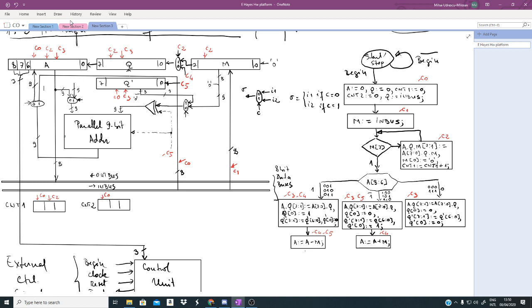And on this path, Q is loaded with information. And here, ah, I hate it.